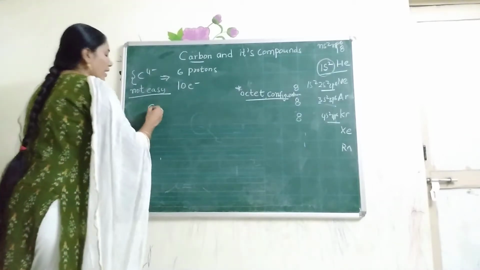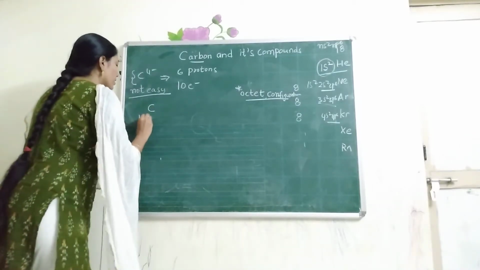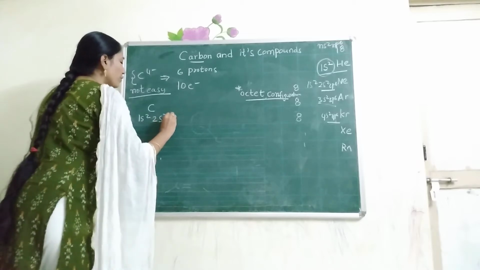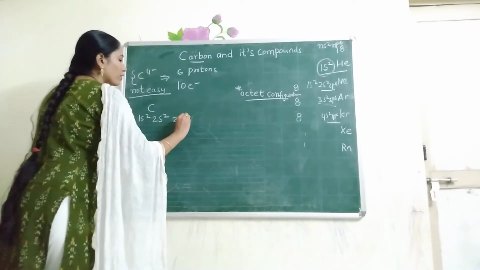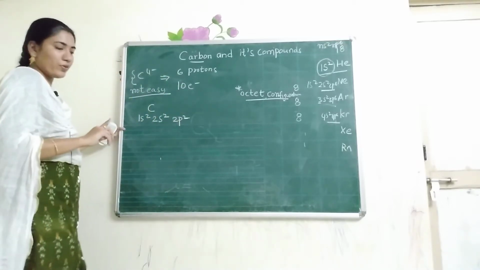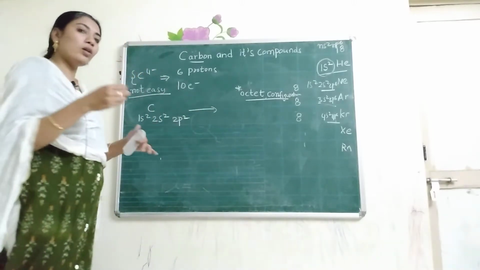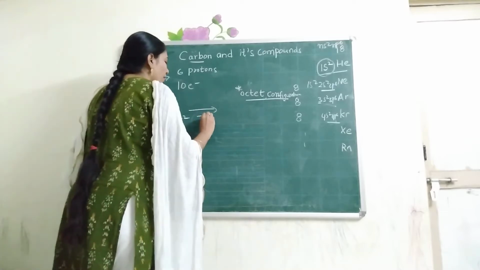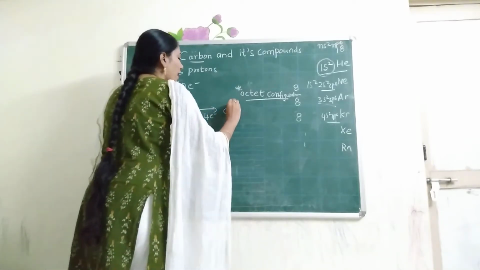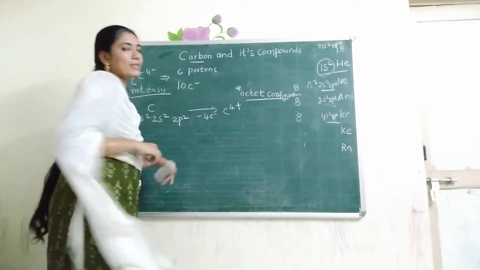For example, again carbon, the configuration is 1s2, 2s2, 2p2, isn't it? This is the configuration of carbon. If the carbon loses 4 electrons, then what happens? It forms a cation. Which cation? C4 plus cation.